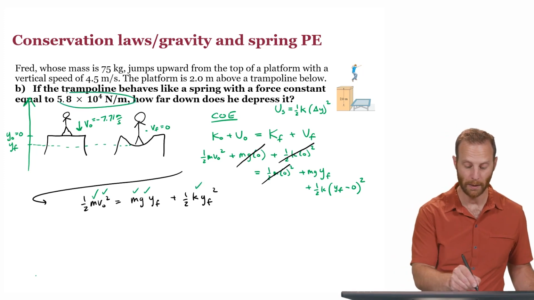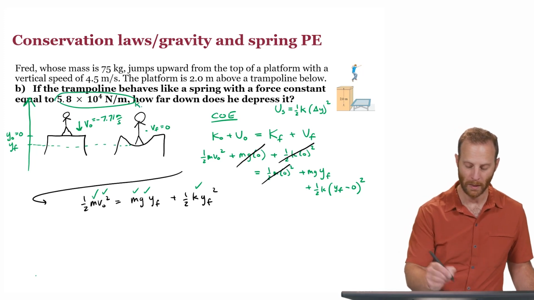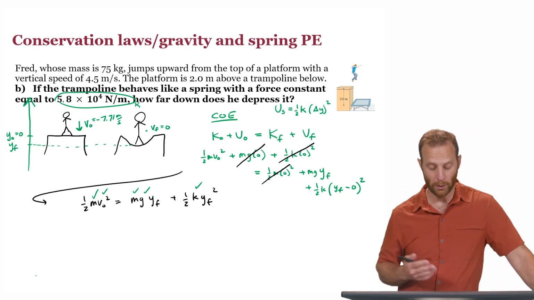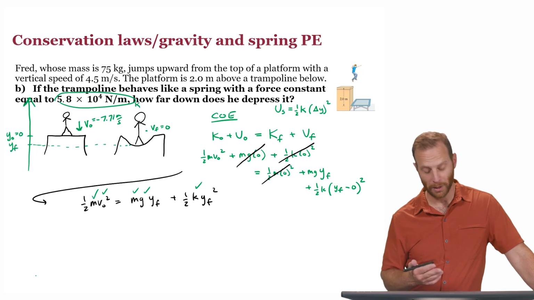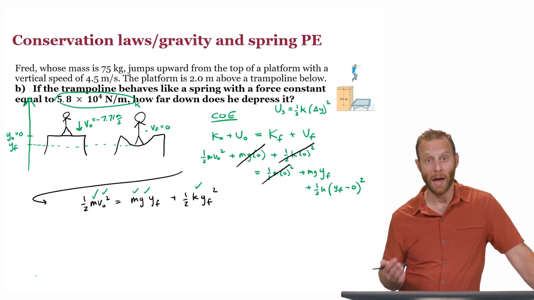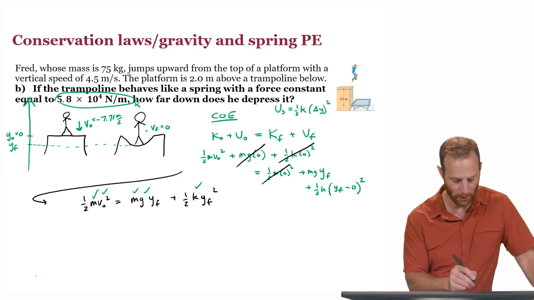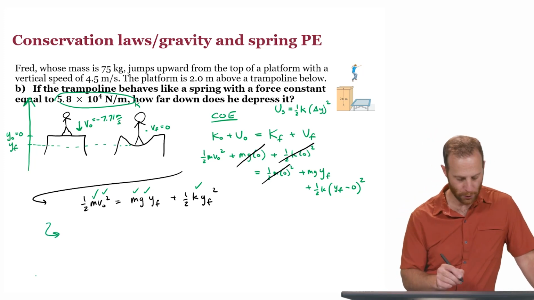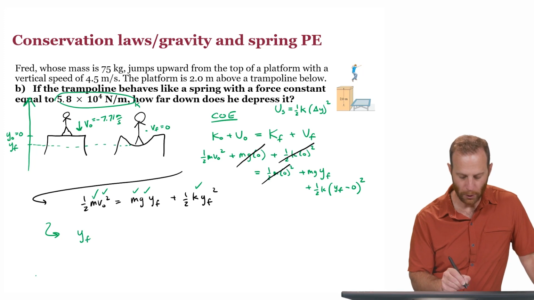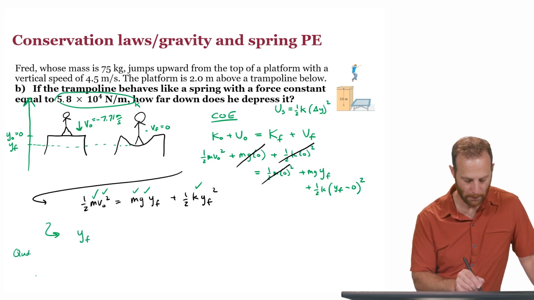This value is k. Therefore, the only thing that we don't know is y final. Unfortunately, this is going to be a quadratic equation, so you will probably have to use the quadratic formula to solve this. When you rearrange, you will solve for y final using the quadratic formula.